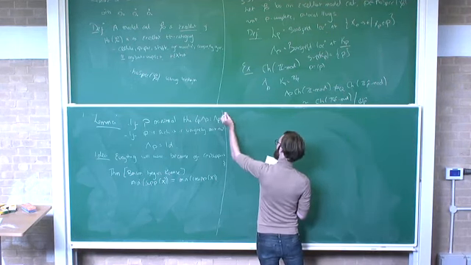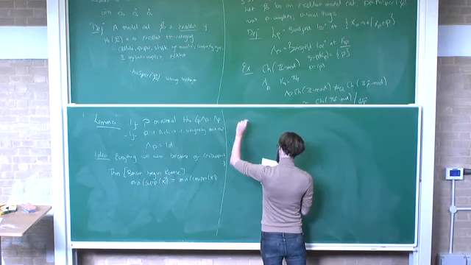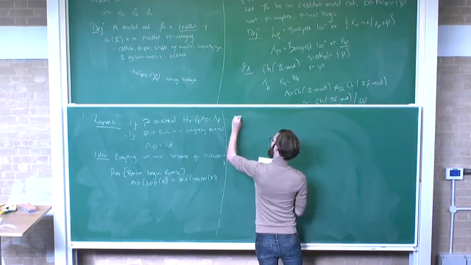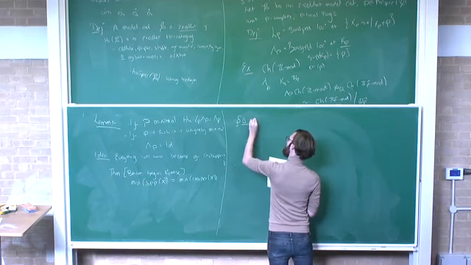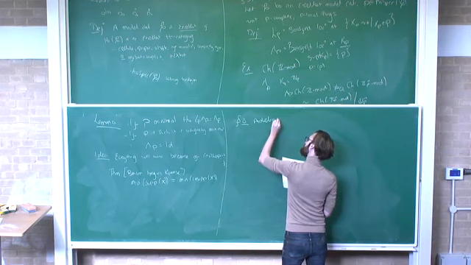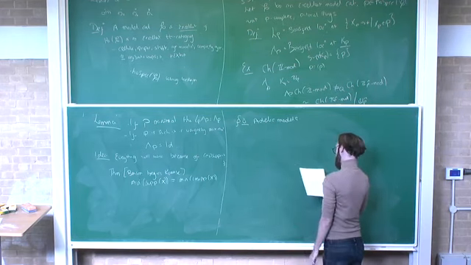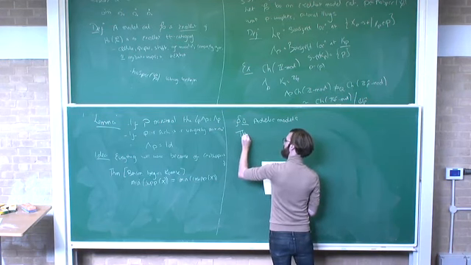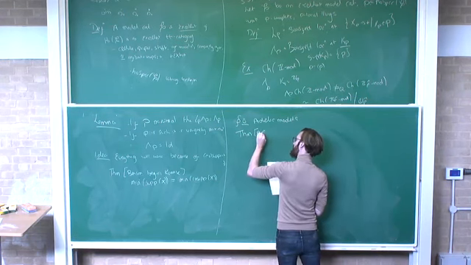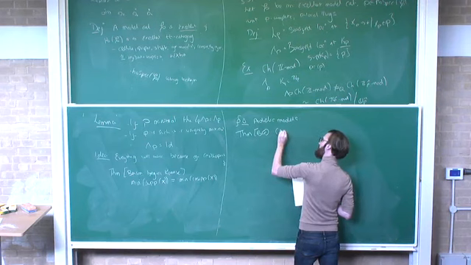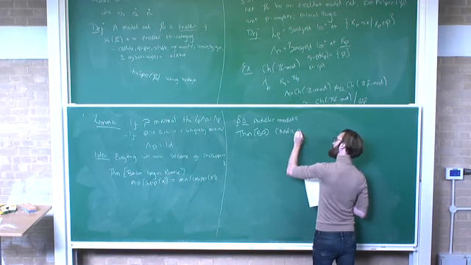I'm going to give the Greenlees-Shipley approach. So in section 4, Adelic models, here's a theorem, which I guess we call the Adelic approximation theorem.